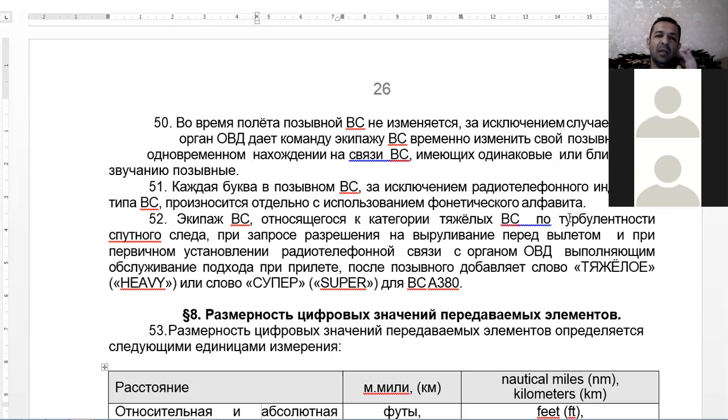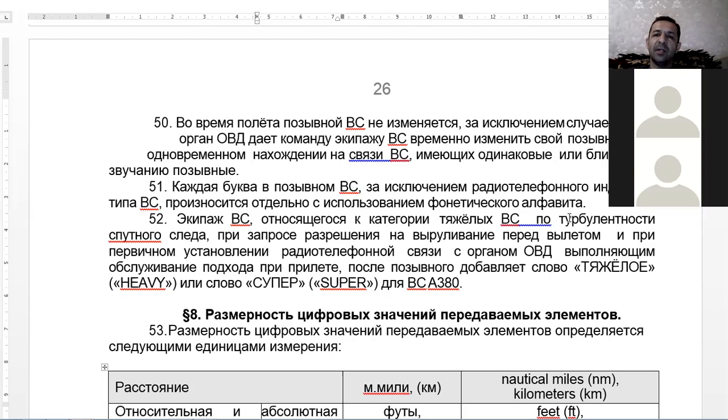It means the aircraft's full takeoff weight is 136 tons or above. Lately, super is used for the Airbus 380, a very heavy, very big aircraft. This gives the controller the opportunity to make a separation between aircraft greater than usual.